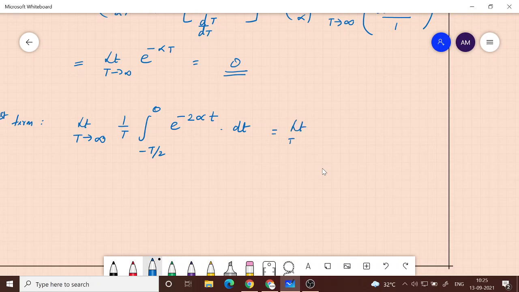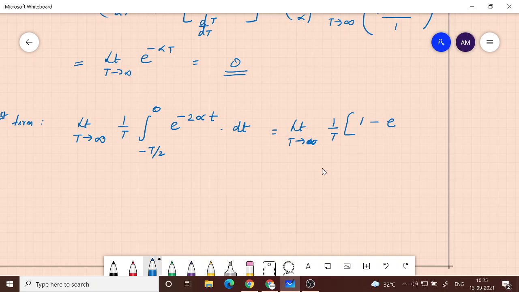So that is limit t tends to infinity 1 by t e raised to minus 2 alpha, that is upper limit is 0, so which means it is 1. So let me just write 1 minus e raised to lower limit is minus t by 2.